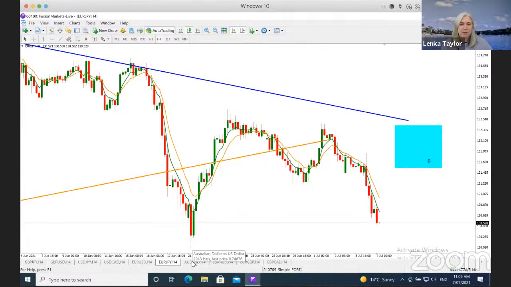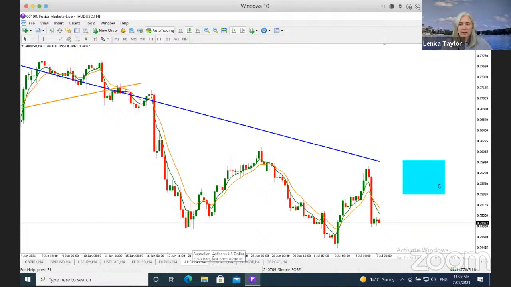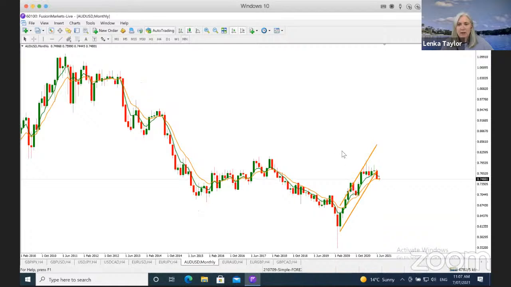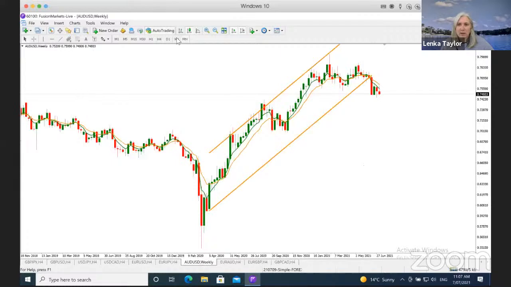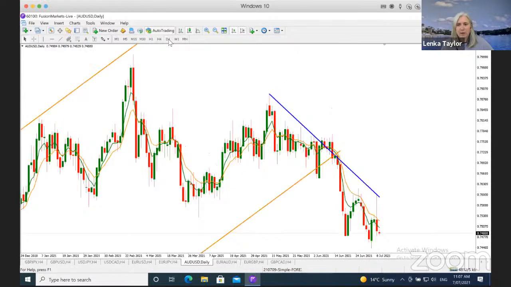The next currency pair I'm going to have a look at is AUDUSD. With AUDUSD, I am looking for a short at the moment. On the weekly, we've already started to head down. Daily also has been going down for a little bit.